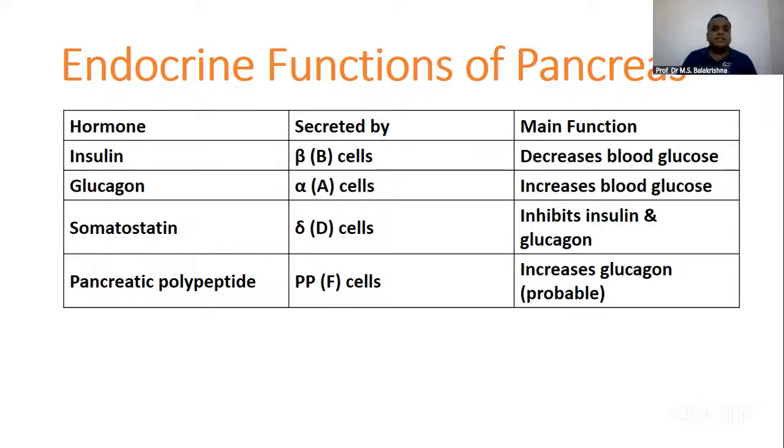The major function of insulin is to decrease the blood glucose, so in hyperglycemic values insulin is given. Glucagon is given to increase the blood sugar level. When a hypoglycemic condition is there, that time you can give glucagon.